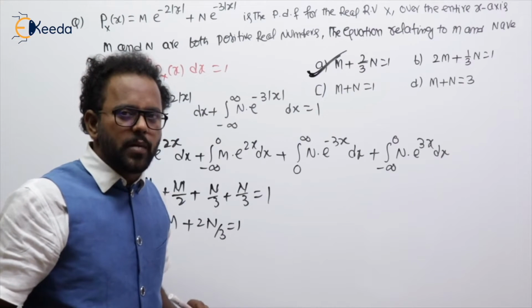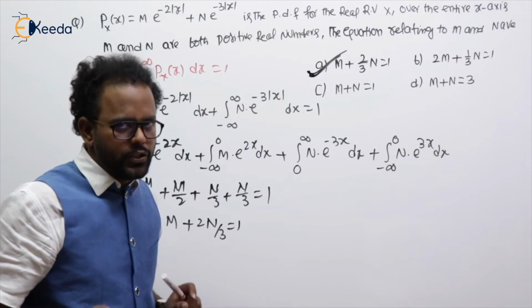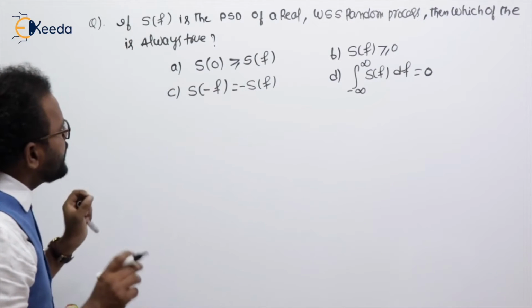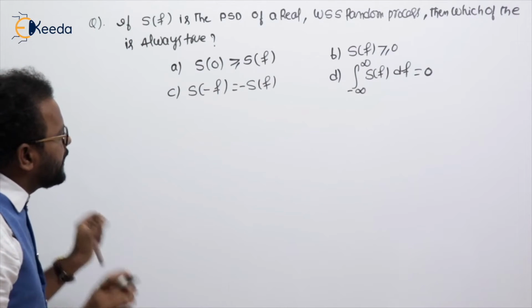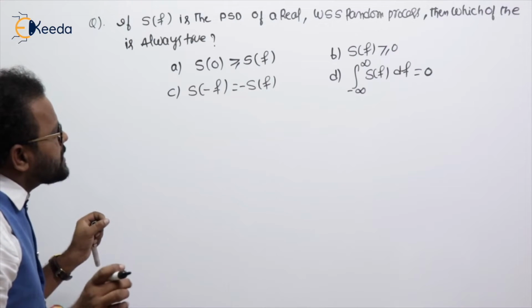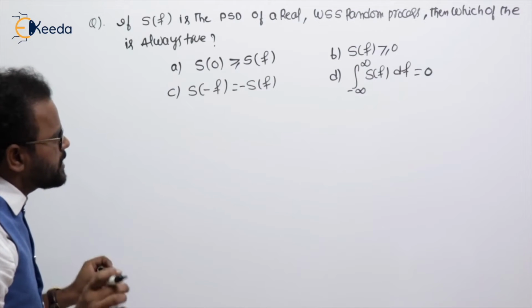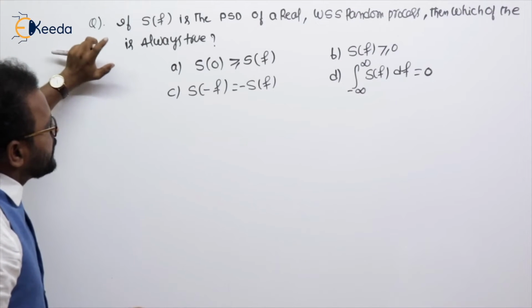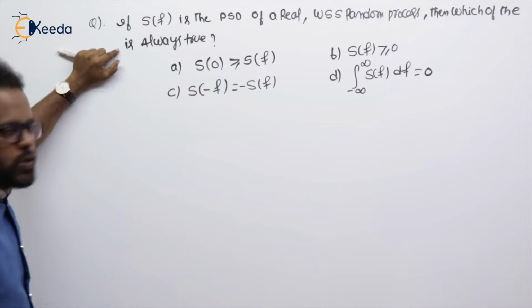Mod x values are plus x for x greater than 0, and minus x for x less than 0. If S of f is the power spectral density of a real wide sense stationary random process, then which of the following is always true?